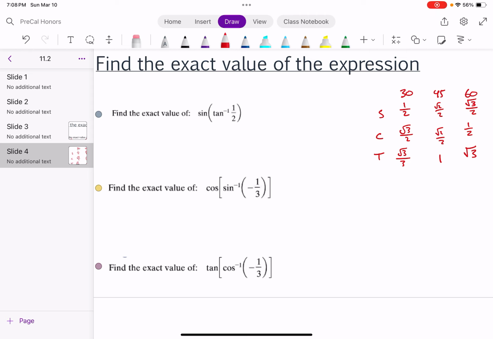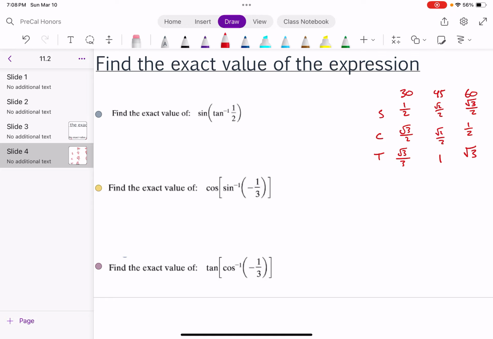Now, if we notice, for inverse tangent, there are none of the options within the 30, 45, 60 that would give us 1/2, or even the inverse of 1/2, which would be 2. In this case, the only way to be able to solve this problem would be by using our Pythagorean theorem.